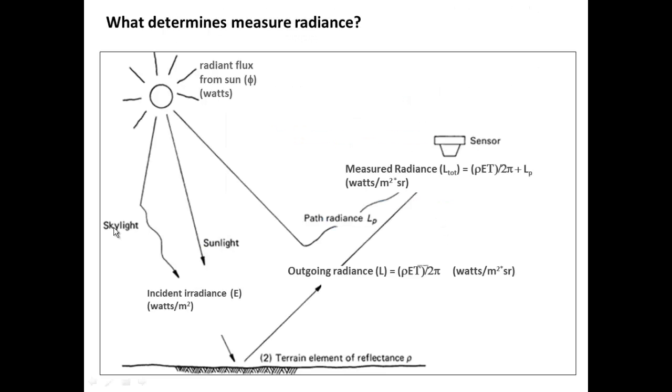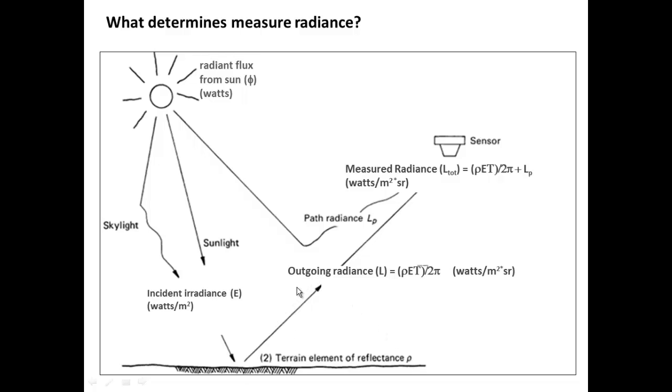So first, a quick review on how radiance at the sensor is derived. The sun beams out a radiant flux in watts. Some of those watts reach the ground as an incident irradiance, or E, in watts per meter squared. Some fraction of that light is reflected, and that fraction is given by the reflectivity or reflectance rho, a unitless number.